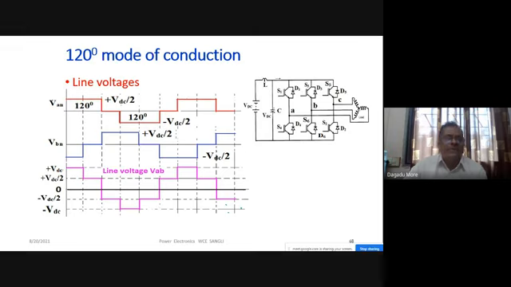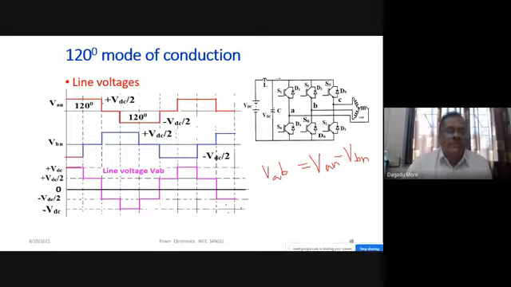And how do we get the VAB? VAB will be equal to VAN minus VBN. So VAN minus VBN means you invert VBN and add it. For this particular case, VBN is minus VDC by 2, so if you invert it, it becomes plus VDC by 2, and together with VDC by 2 this comes out to be VDC.